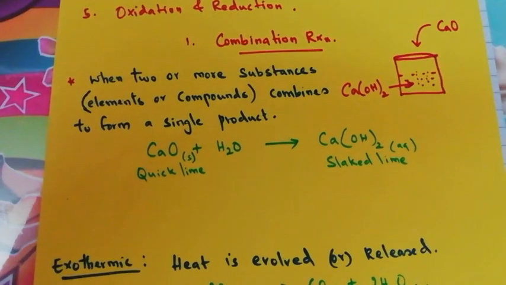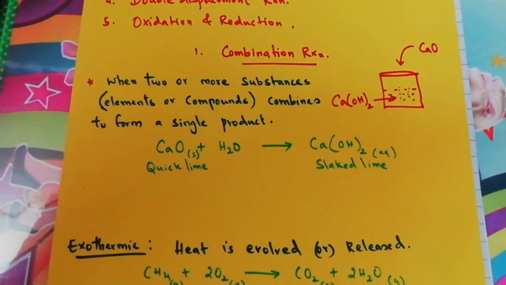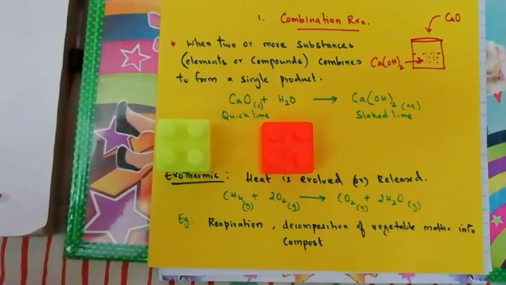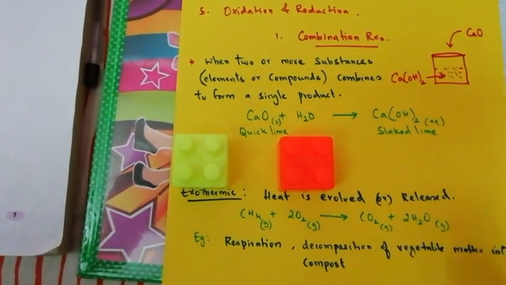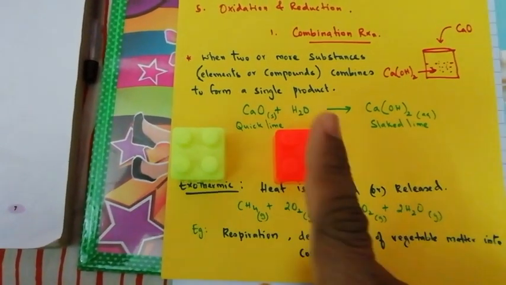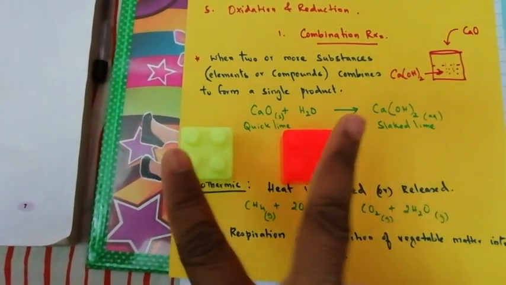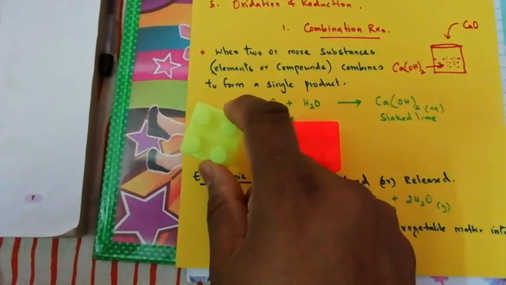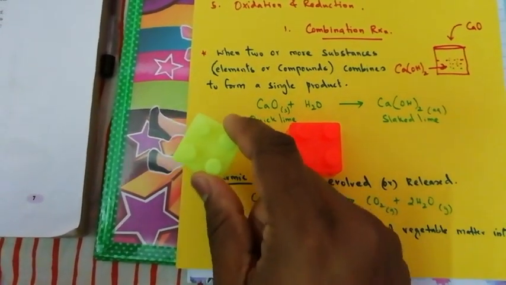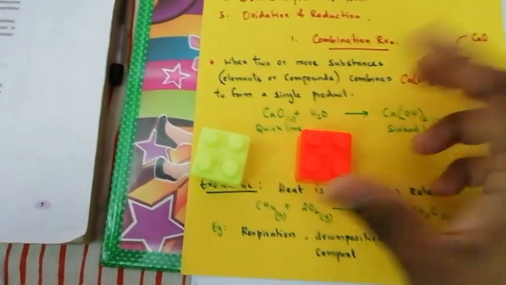Let me give you an example so that you can understand more. As you know, a combination reaction is when two or more substances combine to form a single product. Think that this is one substance and this is another substance. It can be an element.